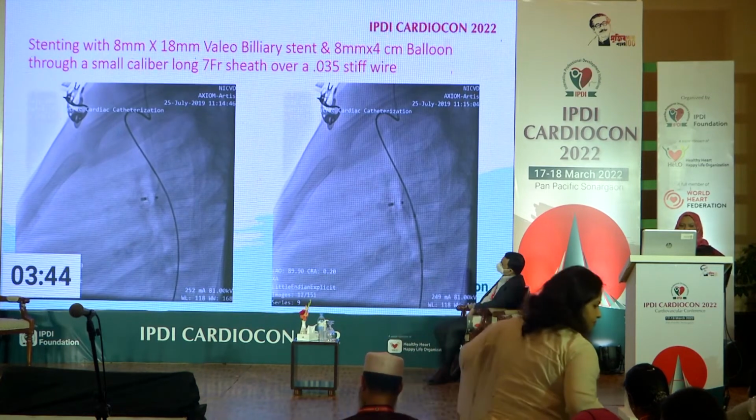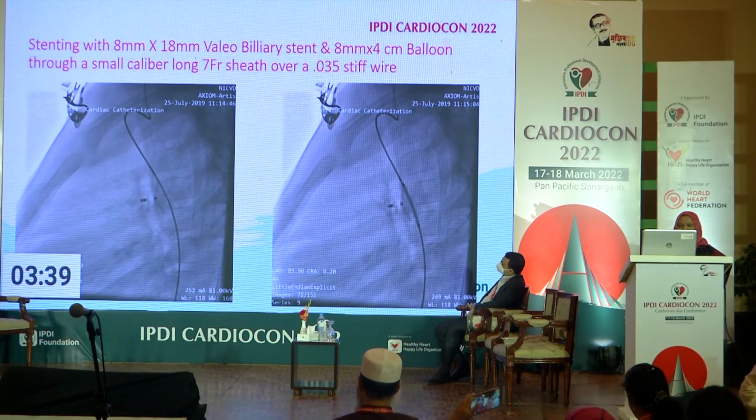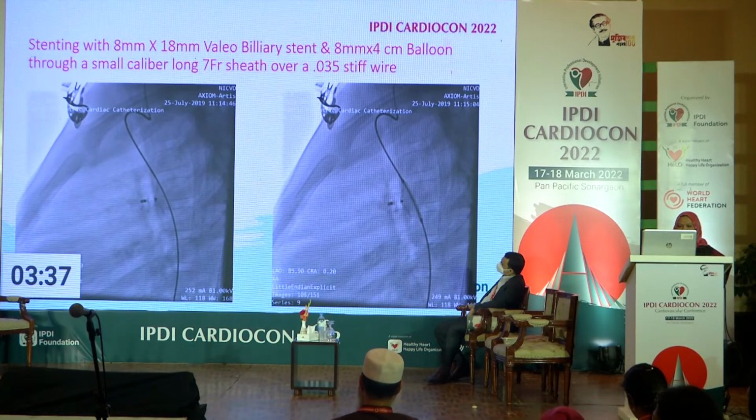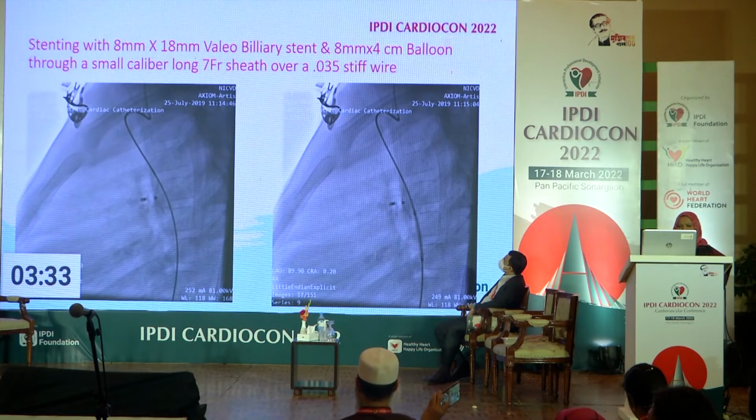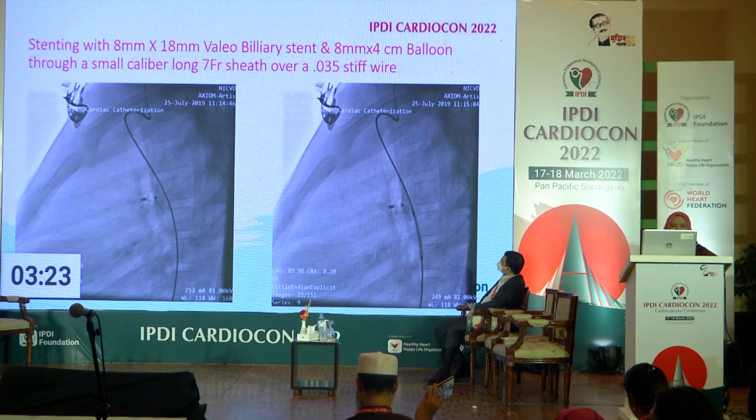Finally, we decided to implant an 8 into 18 millimeter long Valeo biliary stent, pre-mounted on a low profile balloon, 8 into 4 centimeter balloon size. It was implanted through a small caliber 7 French sheath, over a 0.035 Amplatz stiff wire anchored into the right subclavian artery.